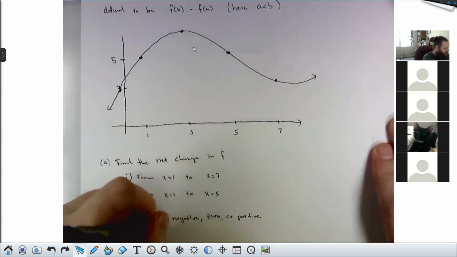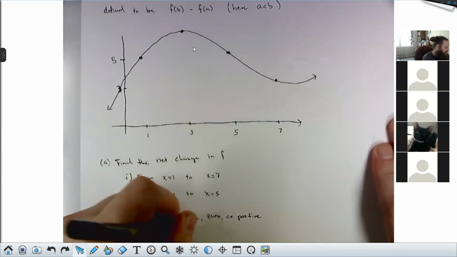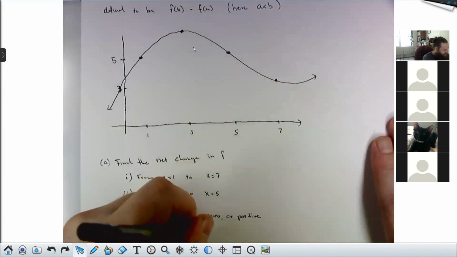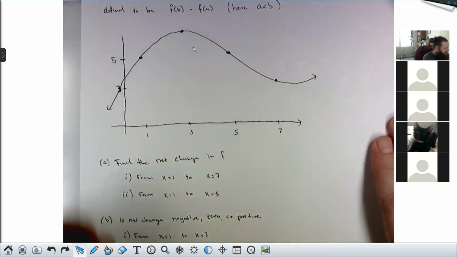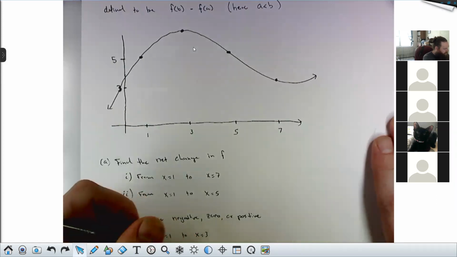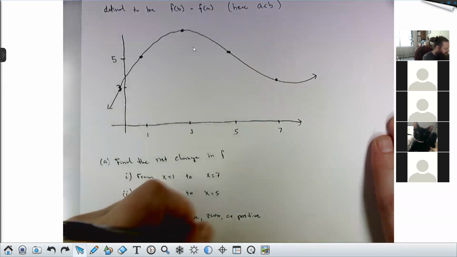From x equals 1 to x equals 3. And we'll say from maybe from, let's say from 3 to x equals 7.